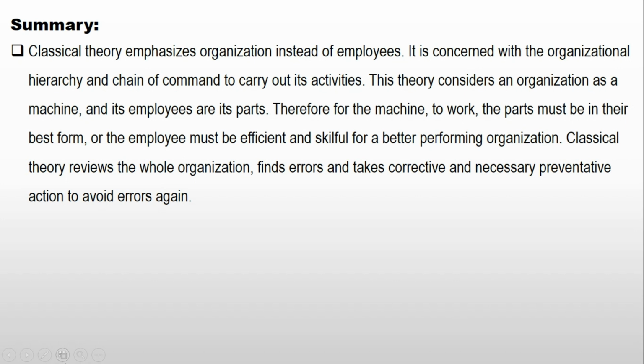So therefore, for a machine to work, the parts must be in their best form, as employees must be efficient and skillful for a better performing organization. Classical theory reviews the whole organization, finds errors, and takes corrective and necessary preventative action to avoid errors again.